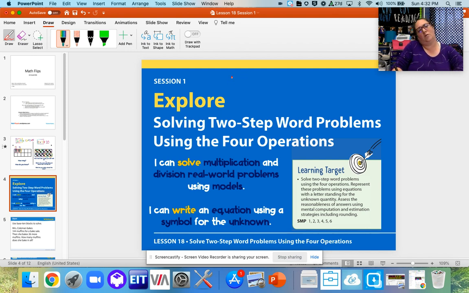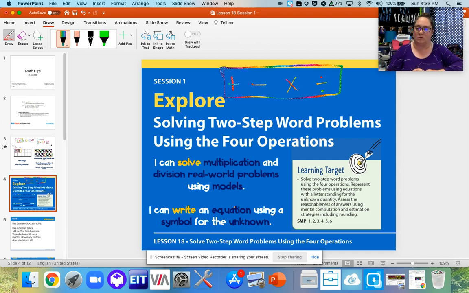Do we know addition? Yep. Do we know subtraction? Yep. Do we know multiplication? Yep. And do we know division? Yes. So these are operations. And we know that when we are adding to something, we've got some here and we're adding more to it.